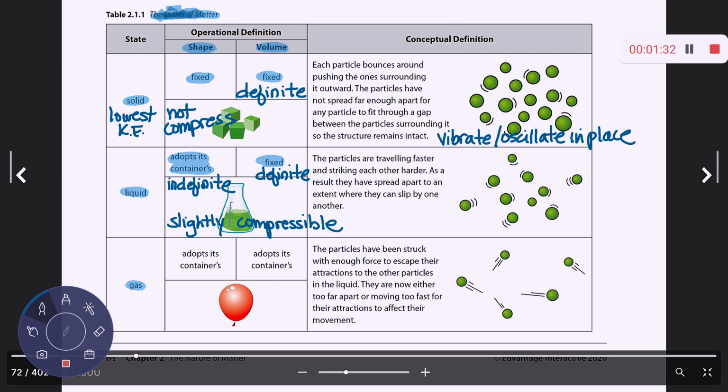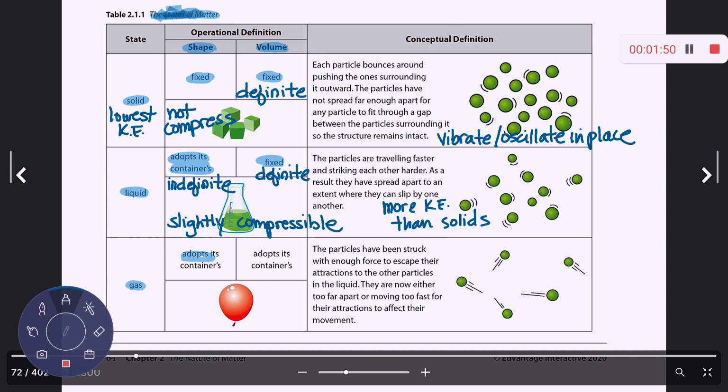Okay? And then in terms of their kinetic energy, they would have more kinetic energy than solids. Okay? Because they can slide over each other. They've got a little bit more motion.